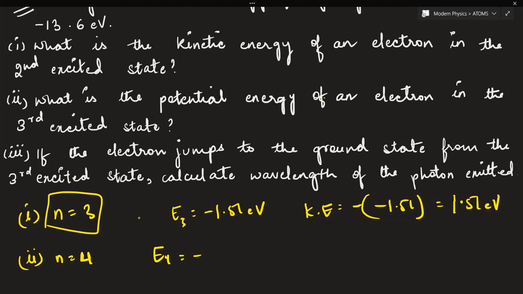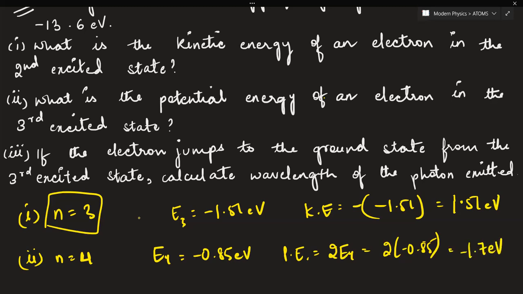E4 is minus 0.85 electron volt. Now, potential energy is double of total energy. So potential energy will be 2 times E4. That will be 2 into minus 0.85. So this will be minus 1.7 electron volt. This is how you will solve the second part.